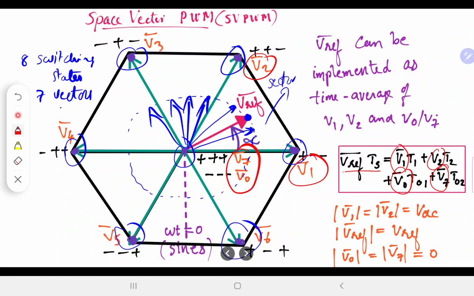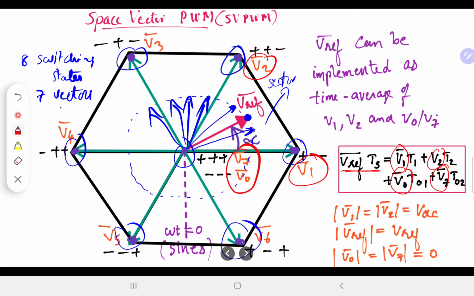The vref in Ts period, so the volt-second balance is written here. It's a time average of the vref in Ts period. So vref can be implemented in Ts period as the volt-second balance of v1, v2, v0/v7. v1 and v2 are important. v0, we can choose that vector location by implementing either v0 or v7, one of the switching states. Okay, so we get this as a general equation.